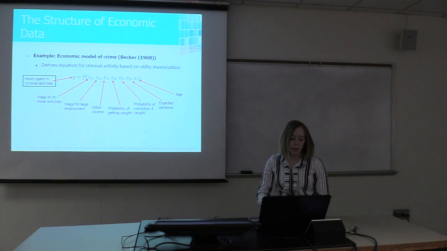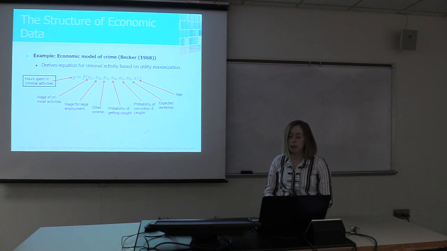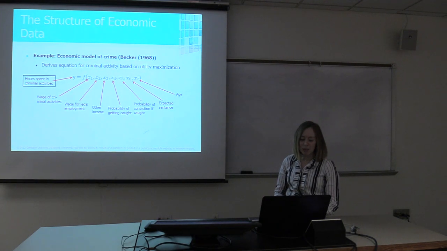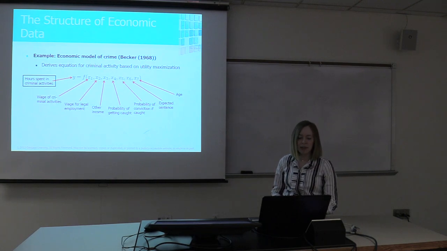The idea here is that the amount of time someone spends in criminal activity, which hopefully is zero for most of us, is probably related to how much money they're going to make from the criminal activity. If you rob a bank, something like that, you could make a lot of money. So you might decide that's enough reason to do it.